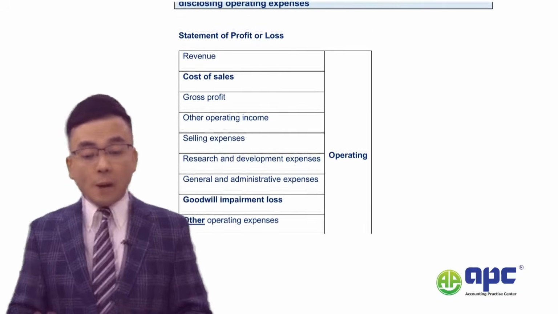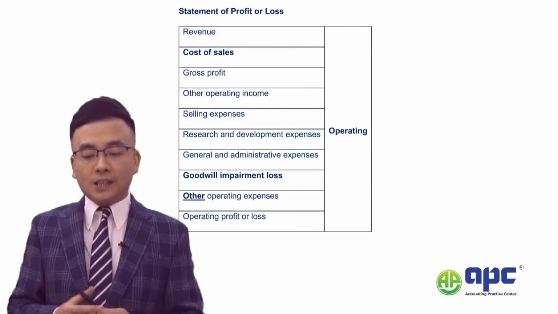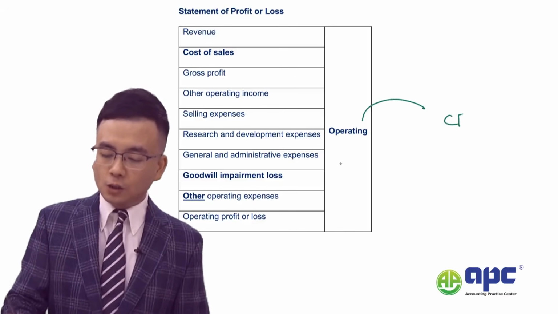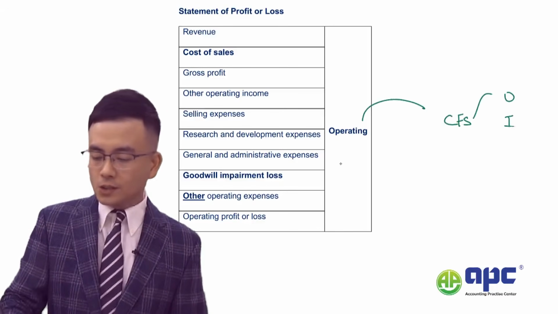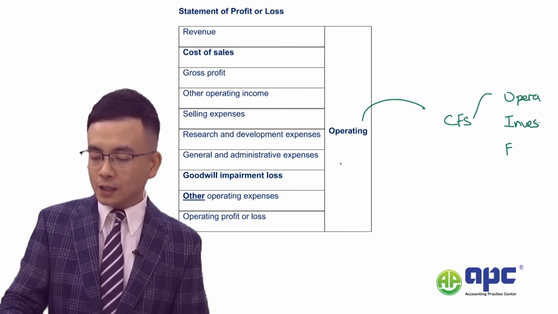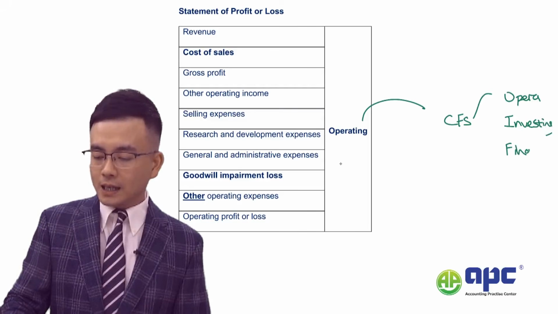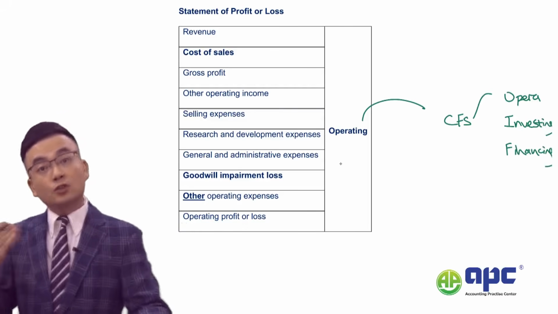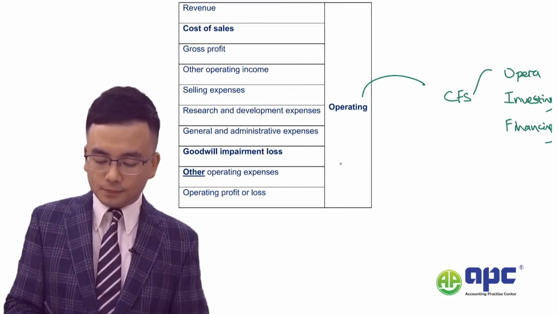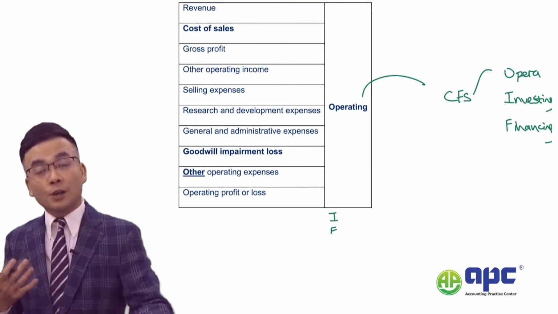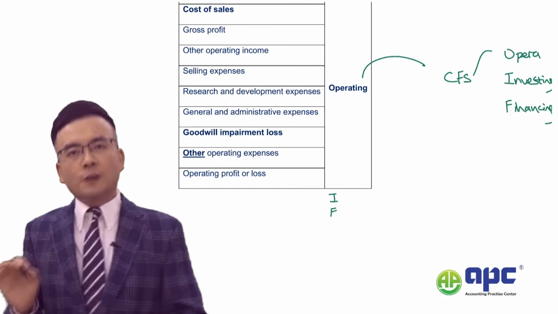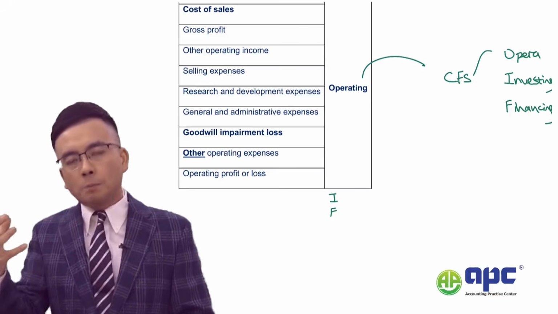Nowadays, preparing the P&L is quite in line with the statement of cash flows showing the OIF, which means operating, investing, and financing, so when we are showing the performance, we are also using the OIF. I will need to show you the new P&L format in a second. But now let's focus on the operating expenses.